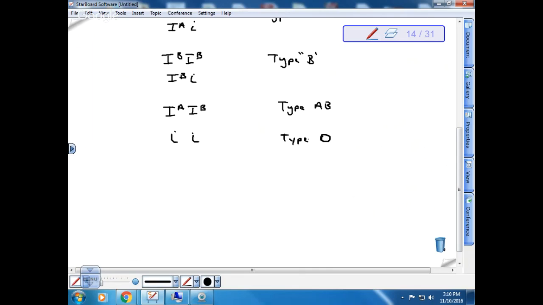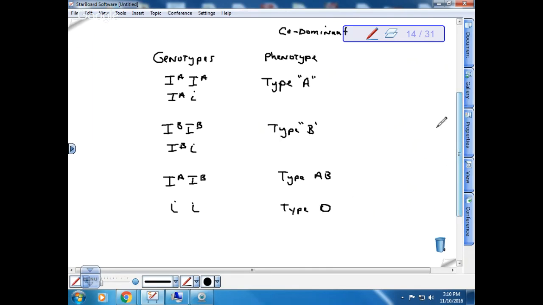O. Okay. So if you have type O blood, you know that you are little i, little i. If you have type AB blood, you know what the genotype is. So I'm type A, and I don't know if I am big A, big A, or if I'm big A, little i, right? So I don't know what my genotype is just by looking at my phenotype.